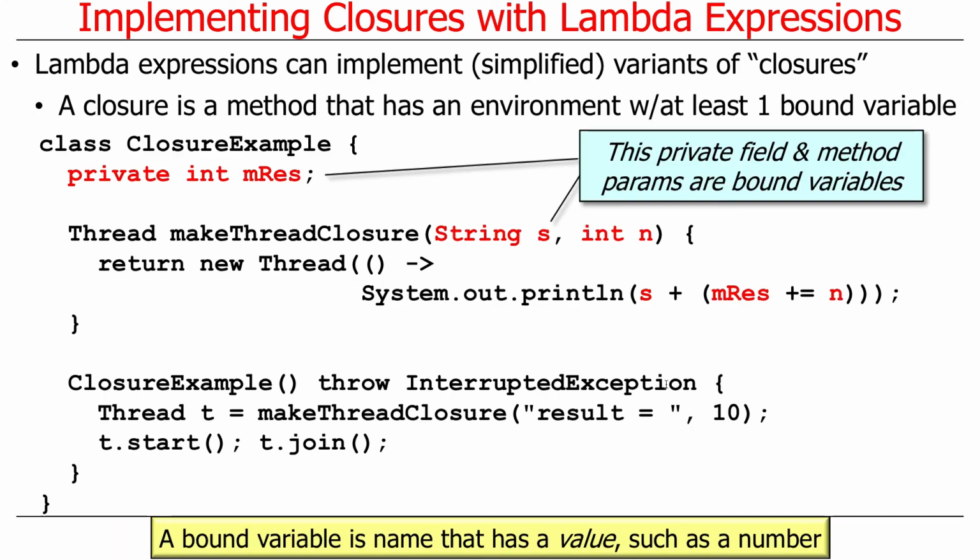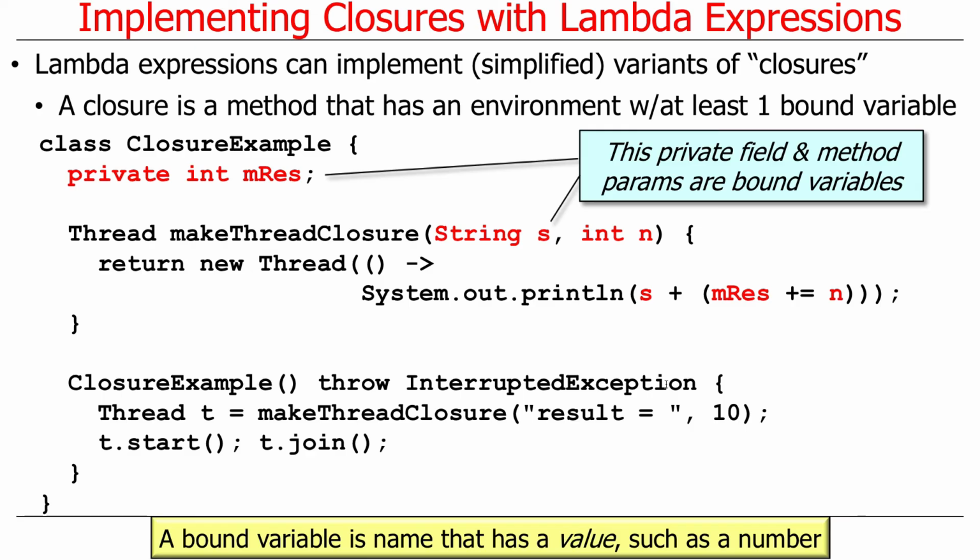So here are the ways in which you can pass variables into closures, and in particular, what is a bound variable. As you'll see here, this parameter s of type string, this parameter n of type int, and this private field int with the name mres for mresult, those are all examples of so-called bound variables.